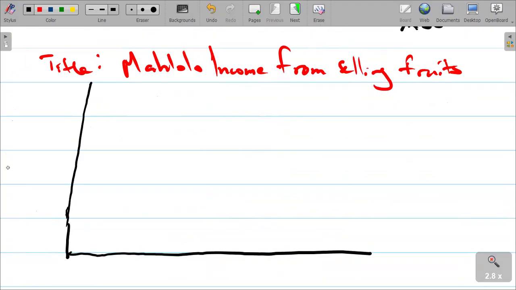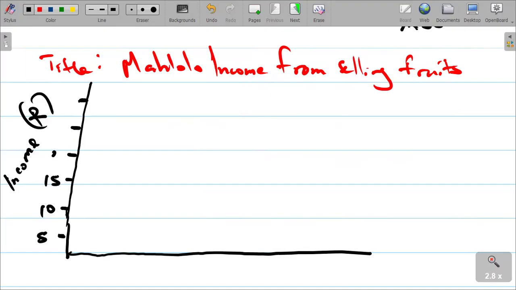So we have income on this side, our income, which I said is in rand. So I can give 5, 10, 15, 20, 25, 30.